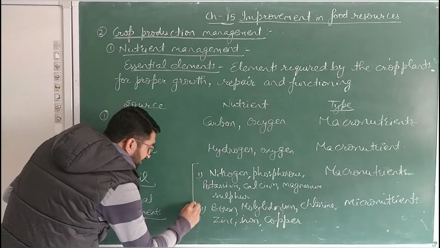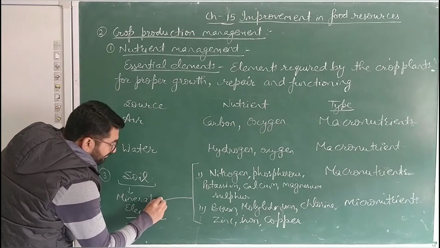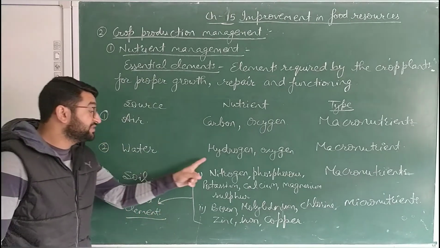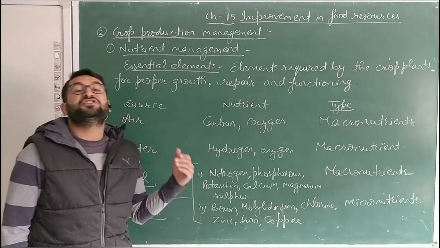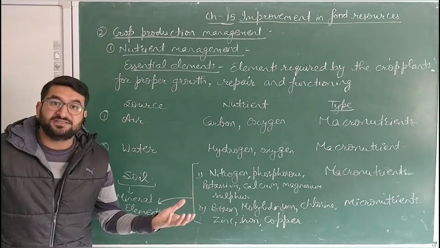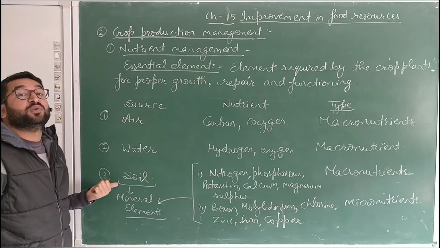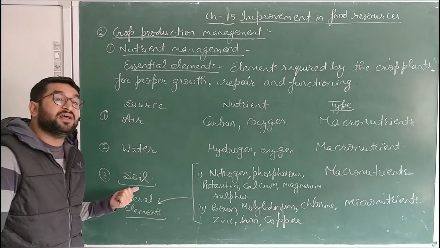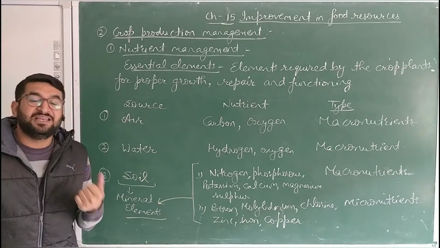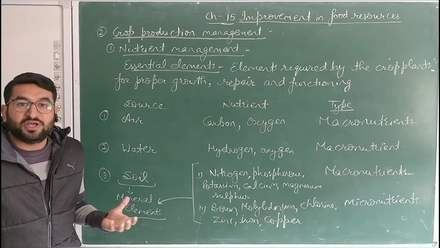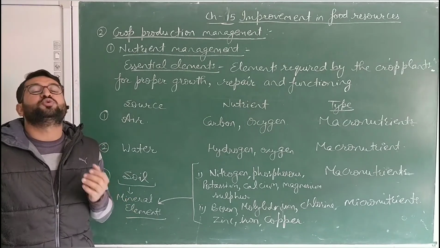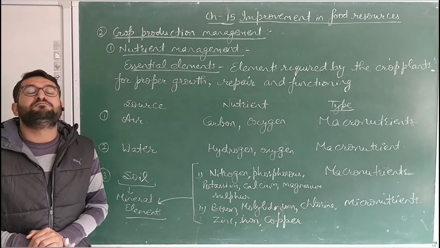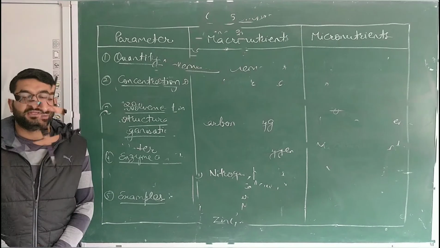And these all together are referred to as mineral nutrients. Why? Because these are the nutrients which are available to the plants from soil only. The nutrients which are available to the plants through the source of soil are referred to as mineral elements.